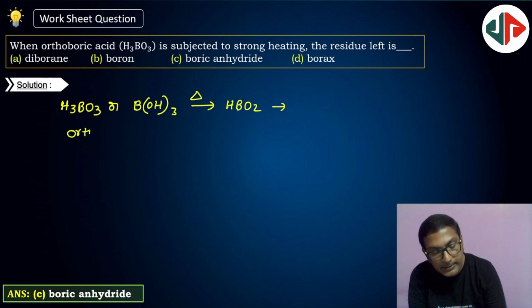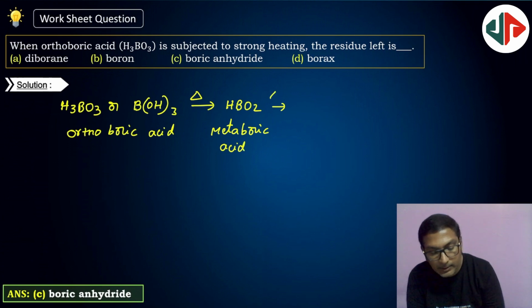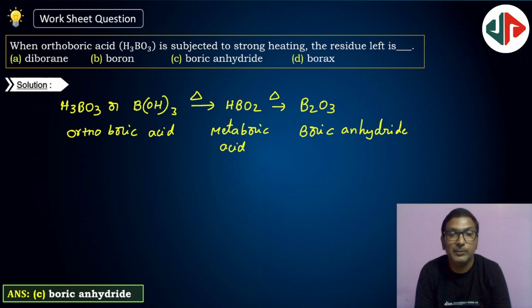This is orthoboric acid, and this one is metaboric acid, which on again strong heating, at red heat, gives B2O3, boric anhydride. So the final compound is B2O3, boric anhydride or boron trioxide. Option C.